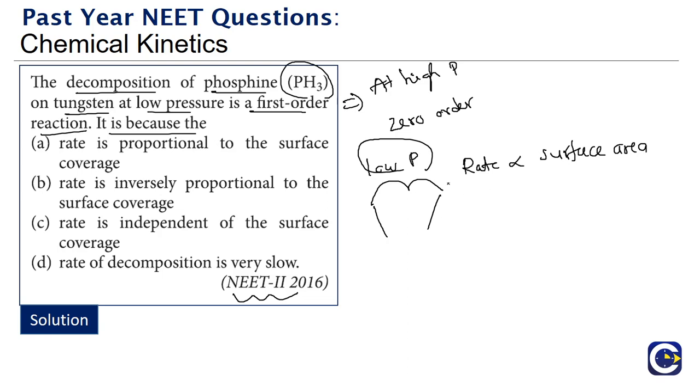And at low pressure, since not all the surface area is covered, we will see that it will be a first order reaction. And at high pressure, since all the surface area is being covered, we will see that the order becomes zero order. It will not be depending anymore on the concentration of the phosphine. So the correct answer is that the rate is proportional to the surface coverage.